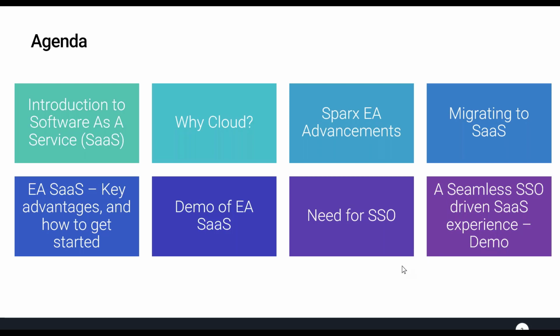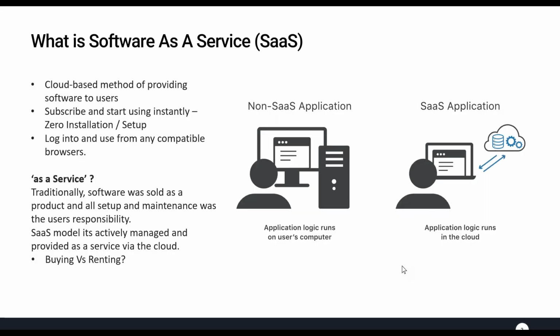So with that set as an agenda, let's start by introducing software as a service. Whilst most of us are very familiar with this as we are using the Office 365s and Adobe's and every other software vendor moving to a cloud-hosted subscription-based offering, it shouldn't take any introductions.